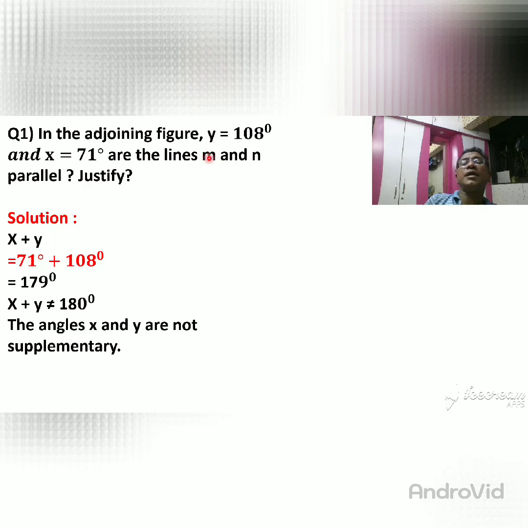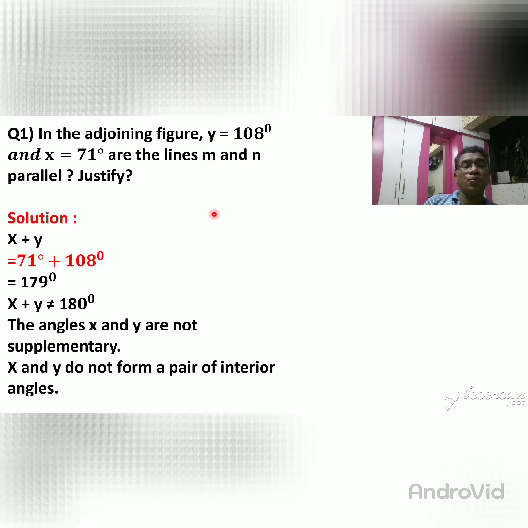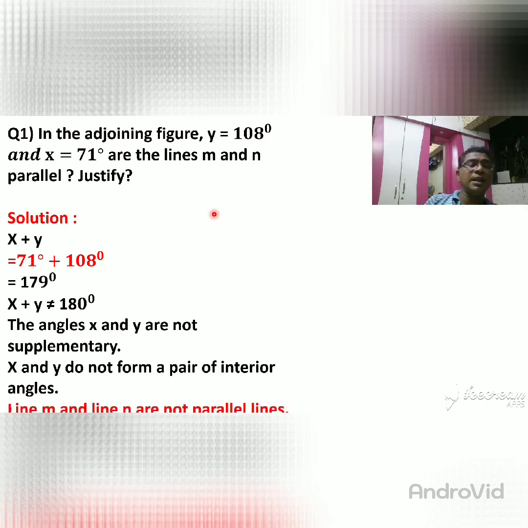So line M and line N are not parallel. So we say they are not parallel. I hope all of the students understand. I am showing you the diagram here. This is M and N, and here is X and here is Y. This X is 71 degrees, this Y is 108 degrees.